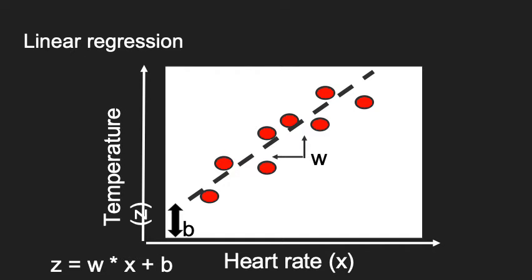This algorithm is what is usually called linear regression. So z is represented by w times x plus b, and if you find the right w and the right b, you've completed your task, and that's it. That's a very basic neural network.